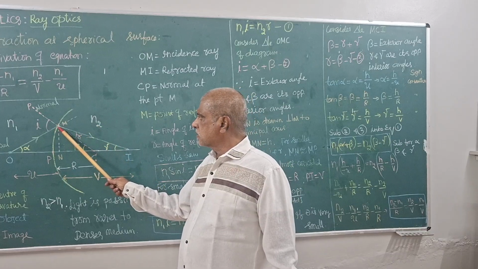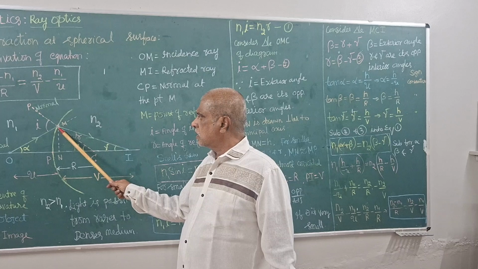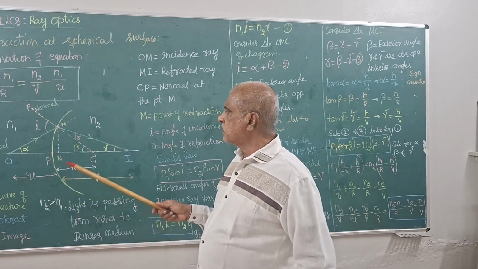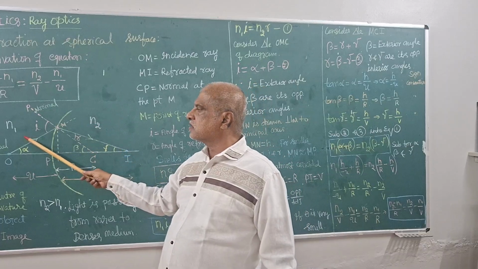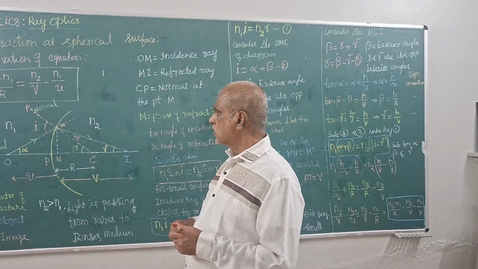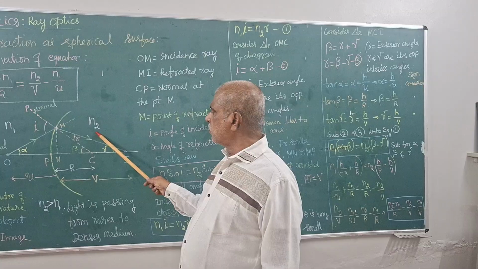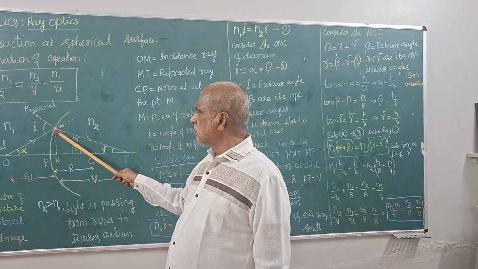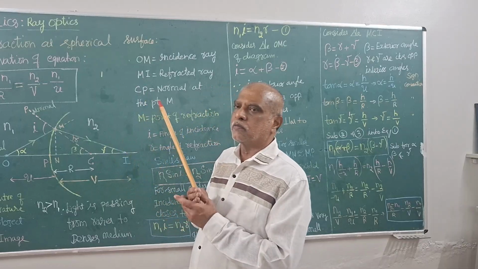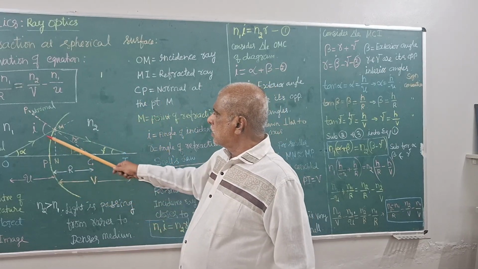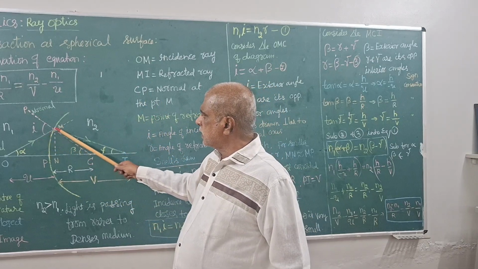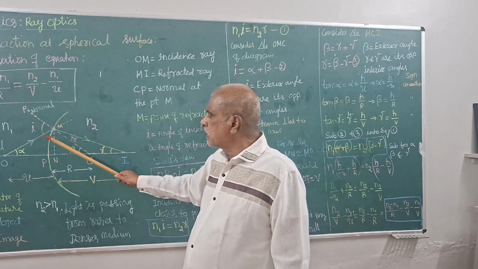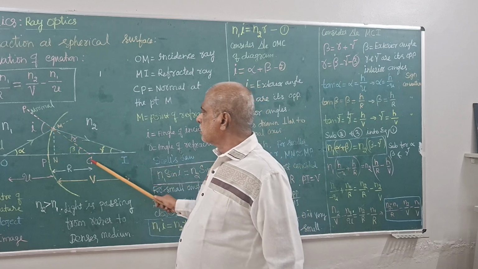So at this point, the boundary surface, it undergoes refraction, because of the differences in refractive indices. Because of the higher value of N2, the light after refraction bends towards the normal. The light ray is supposed to pass like this, but not like that. It is bending towards the normal.